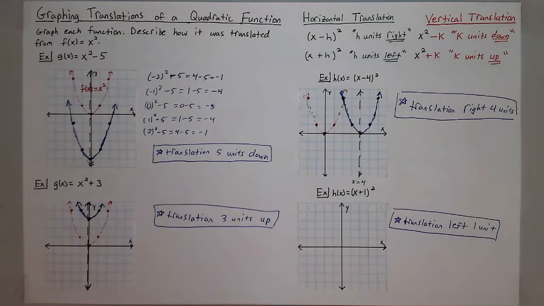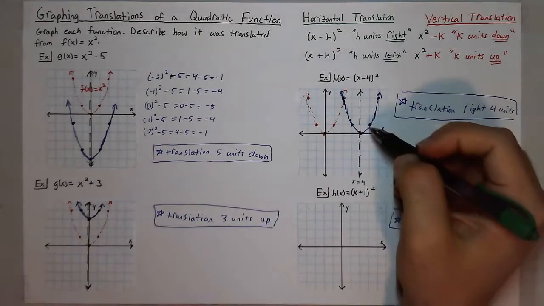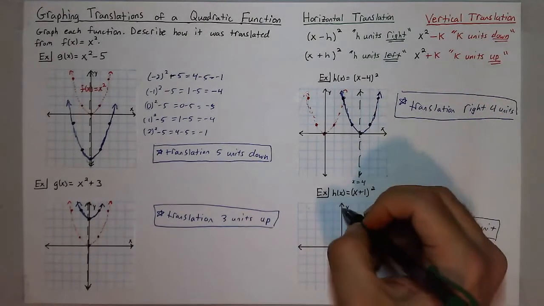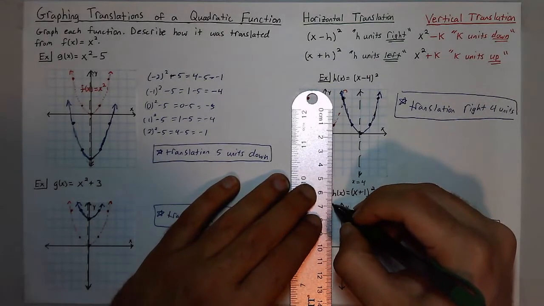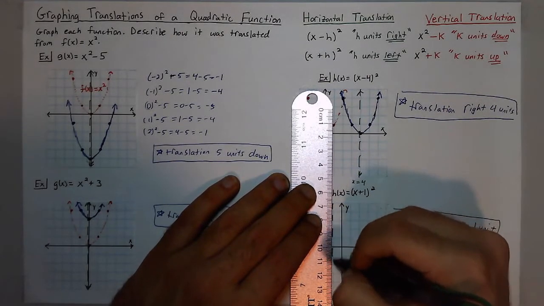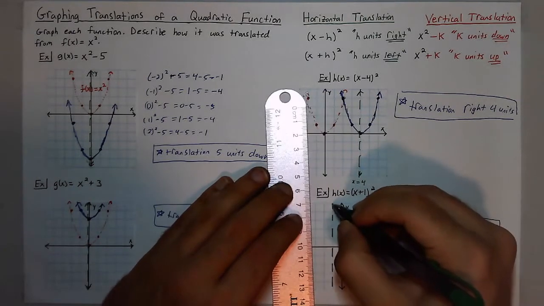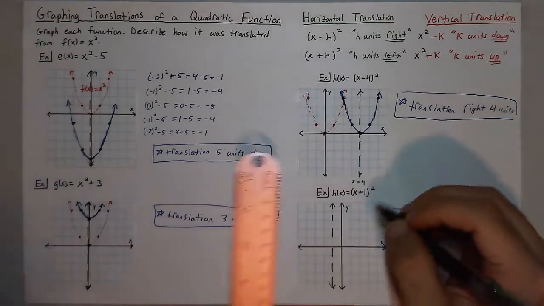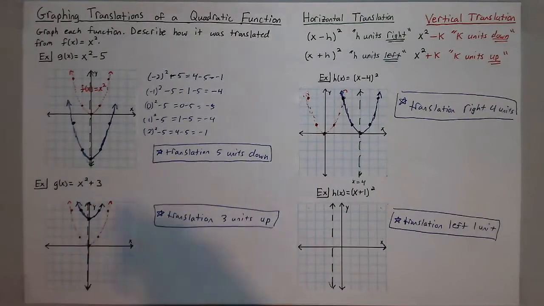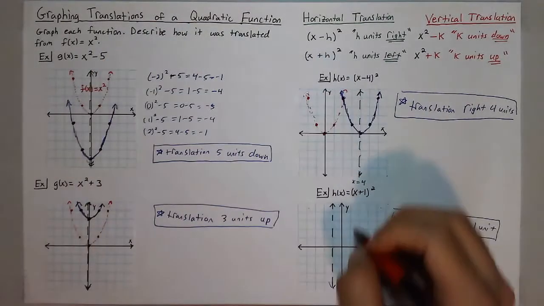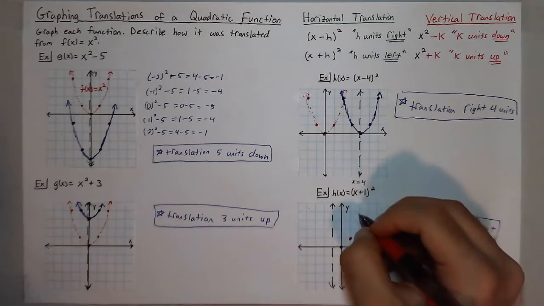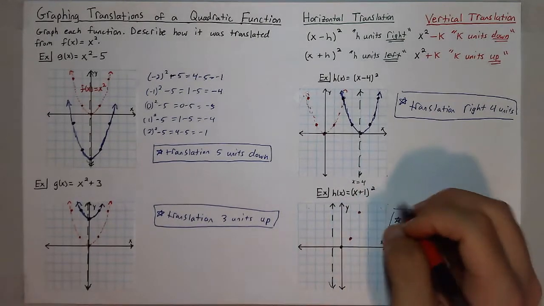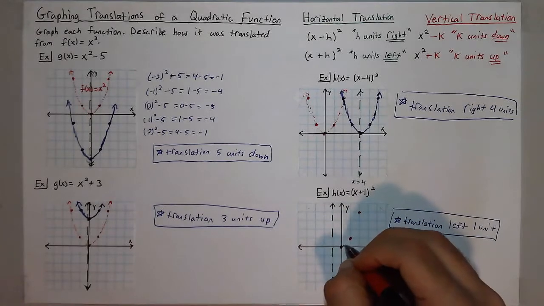So now, before I start graphing, I can already tell that my axis of symmetry will be left 1 unit. I can plot that first. And now when I go to graph, I know that my original function, parent function, is at 0, 0, 1, 1, and 2, 4.